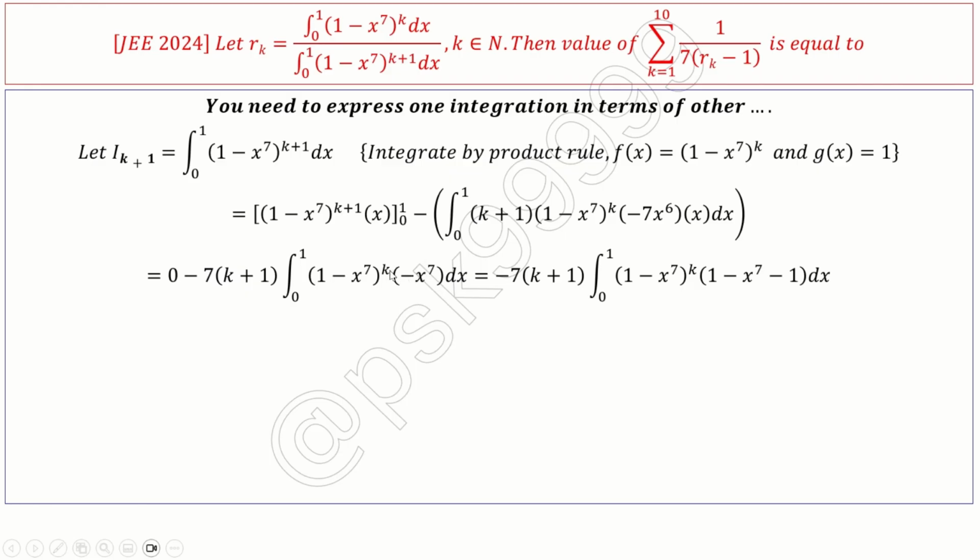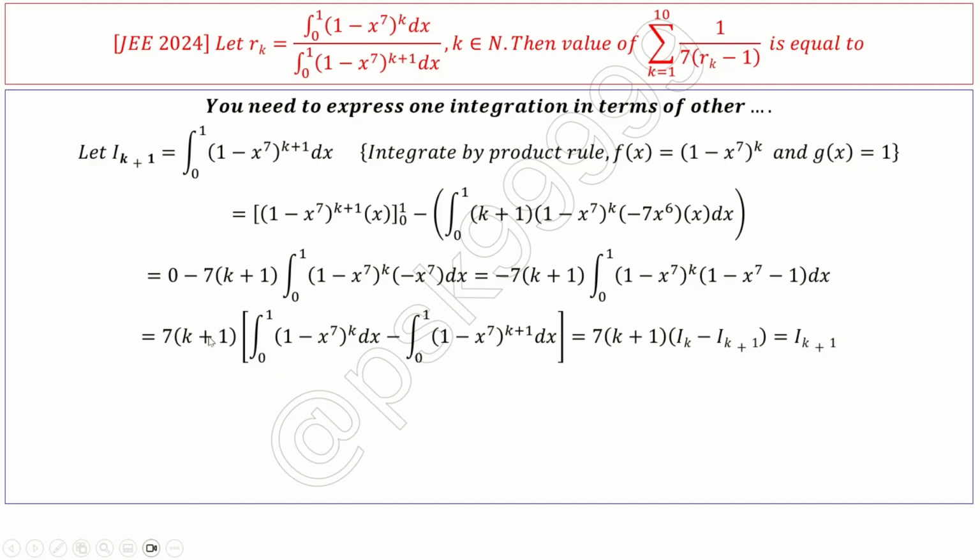I can write this as 1 minus x to the power of 7, minus 1: I added 1 and subtracted 1. Now this (1 minus x to the power of 7) whole to the power of k, I take inside and multiply, and it becomes (1 minus x to the power of 7) whole to the power of k plus 1. So this is nothing but 7 times k plus 1 of, with the minus sign taken inside, so the negative part comes first. The integration from 0 to 1 of (1 minus x to the power of 7) whole to the power of k, multiplied with minus 1, so minus into minus which is plus.